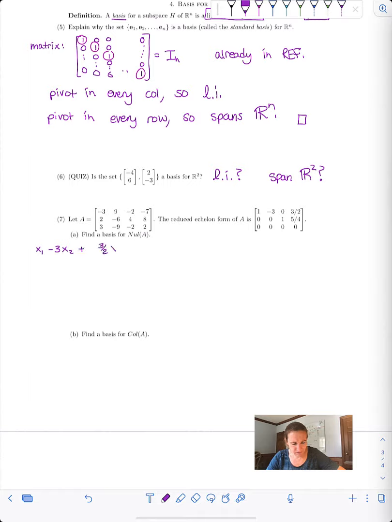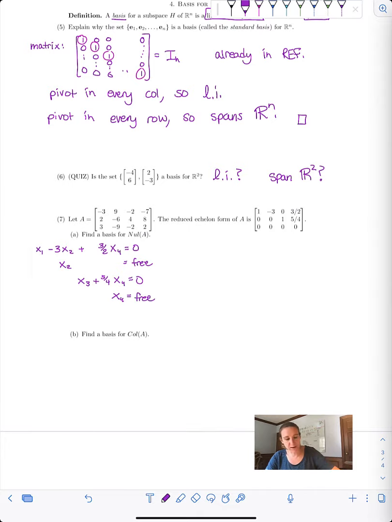We have 3 halves x4 equals 0, and then x3 plus 5 fourths x4 equals 0. I missed x2, because x2 is free, but we do want to write it down. Actually, we don't need to just yet. That's when we're finally solving for it.